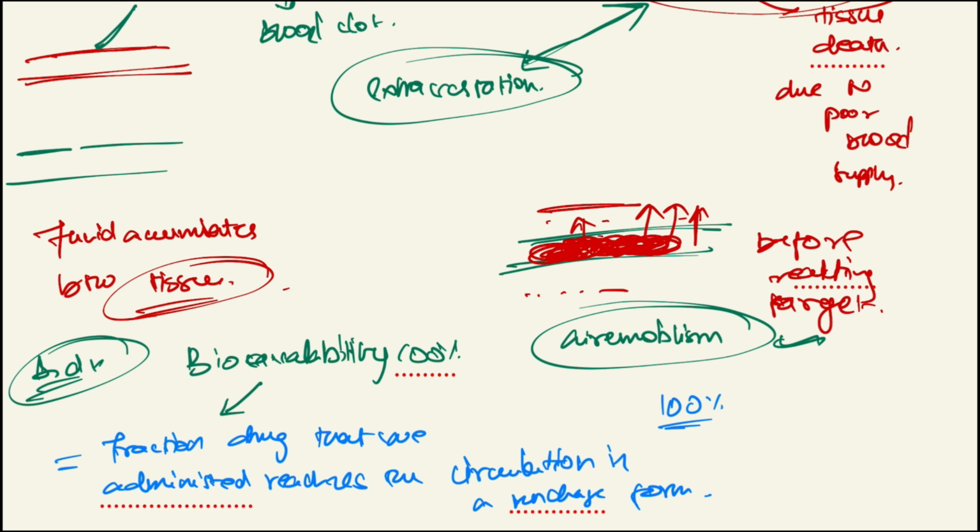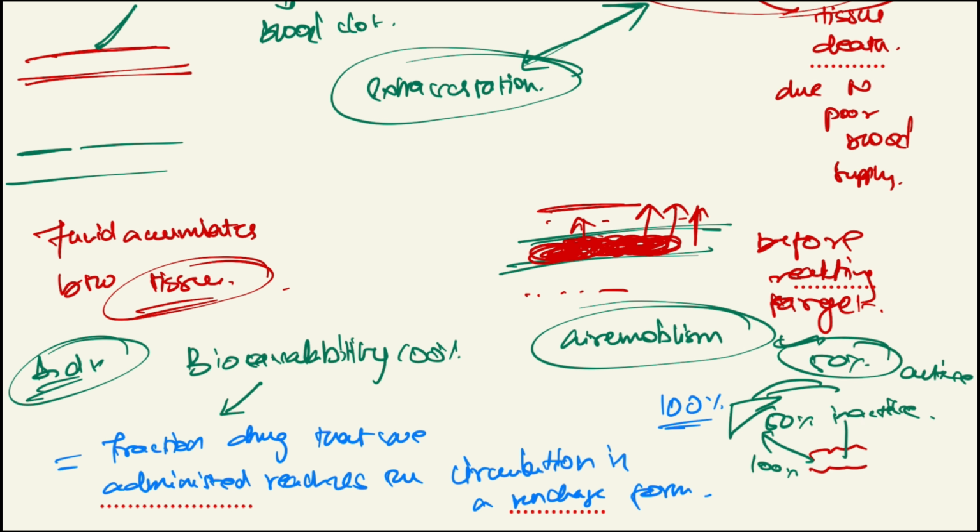In the oral route, 100% is administered and absorbed in the intestine, 100% enters the liver, and 50% gets metabolized. Only 50% comes out in the active form. So the bioavailability is only 50%. You understood what bioavailability is? It is the active form of the drug that reaches the systemic circulation and the target organ.